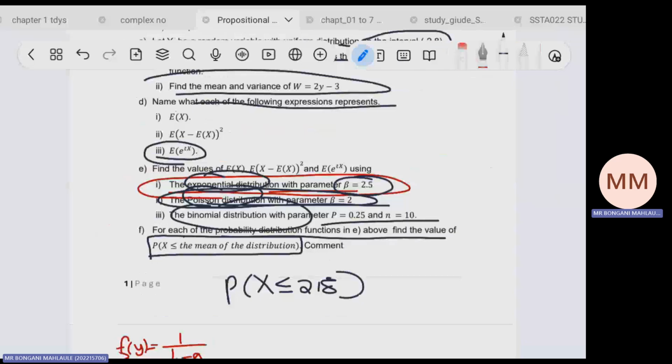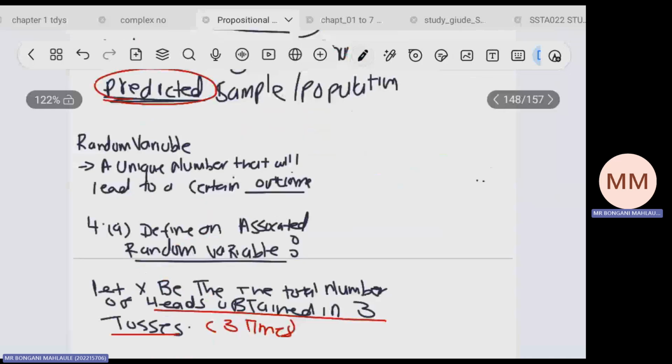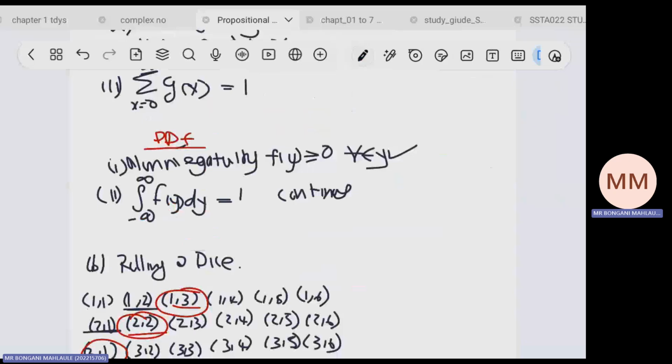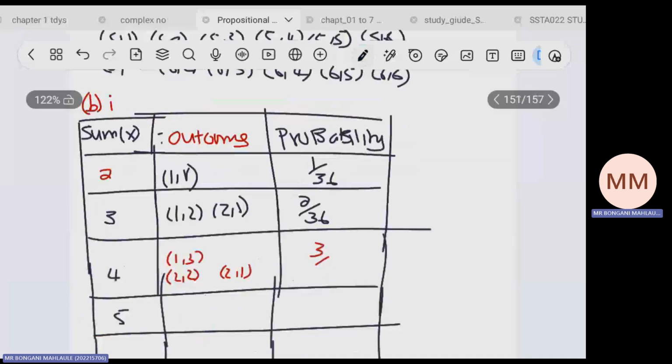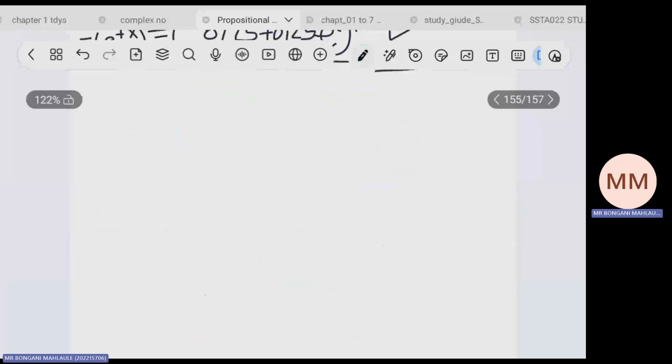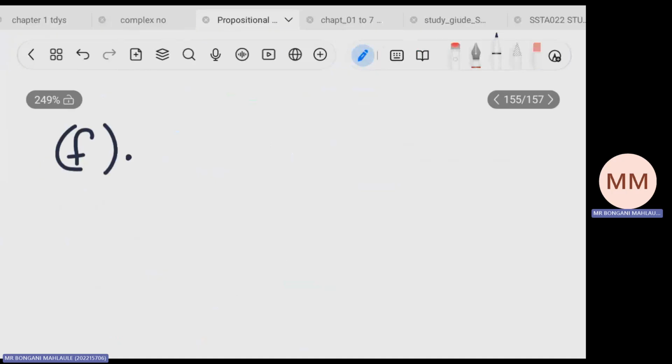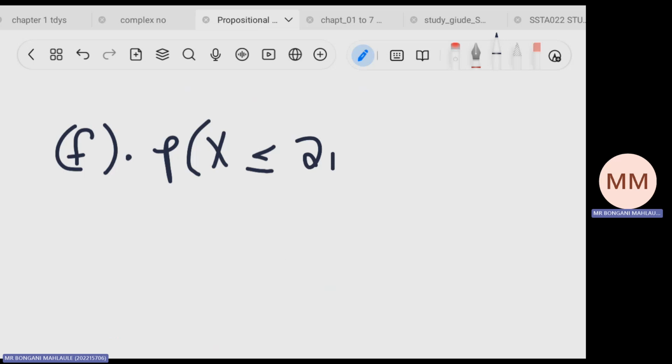So let me go down there. We must check the probability when x is less or equal to 2.5.